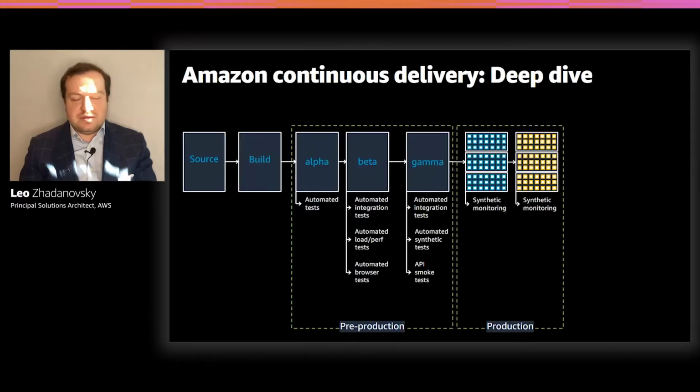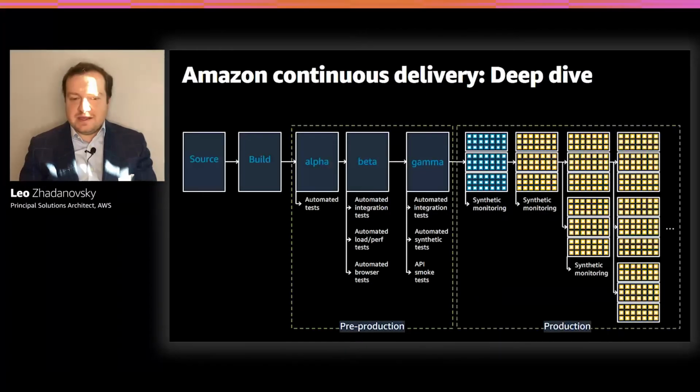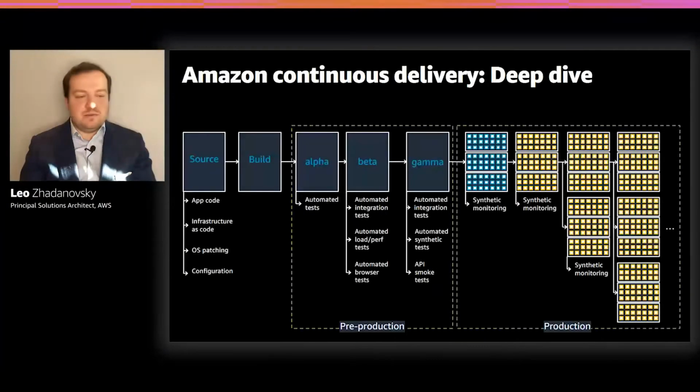Then you go to another region, then more regions, and you keep going. When we say source code, we mean the application code, the infrastructure-as-code, so CloudFormation templates that define the environment, any patching that's needed, and any configuration. That's how the process works at Amazon.